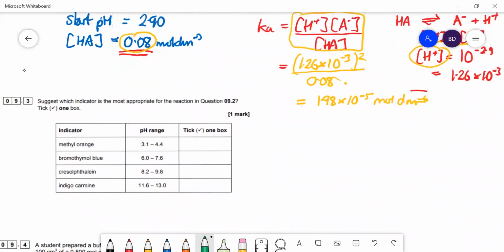So I'll just put that 6.5 somewhere to 11.5. Right, this one is way too low. This one's a little bit too low. This one would be good. This one's too high. So go for the cresolphthalein. That would be the best indicator there, because it's changing in that range.